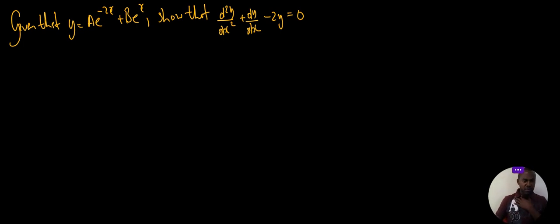So let me read the problem again, make sure I have it properly correct. Given that y equals ae to the minus 2x plus be to the x, show that d2y by dx squared plus dy by dx minus 2y equals 0. Right, so I copied it down properly.